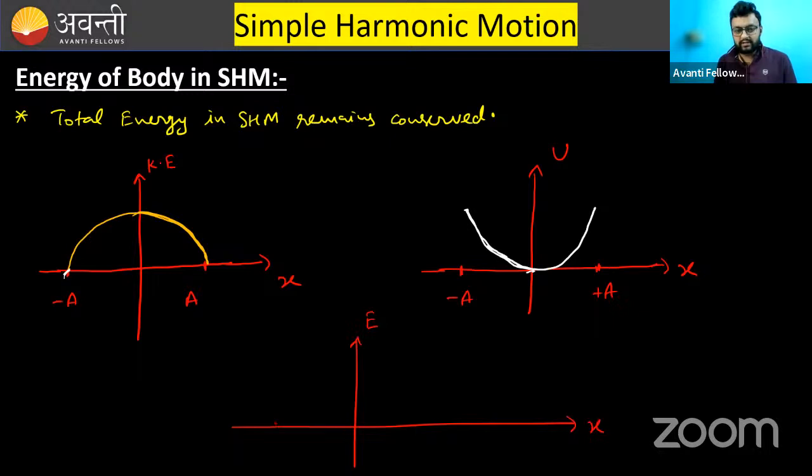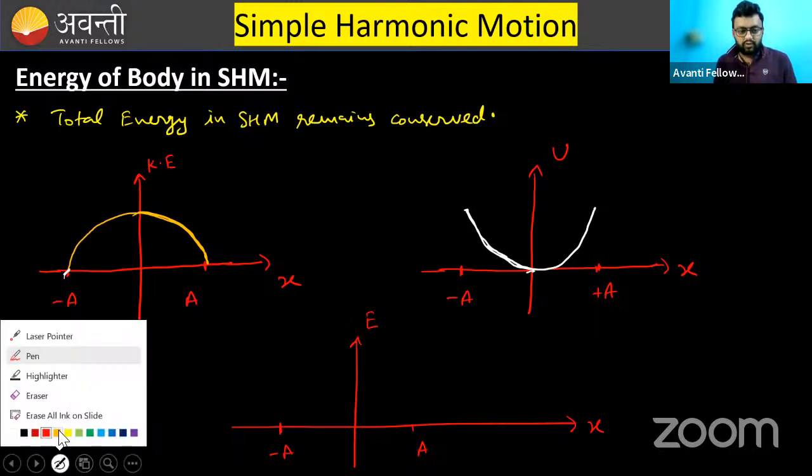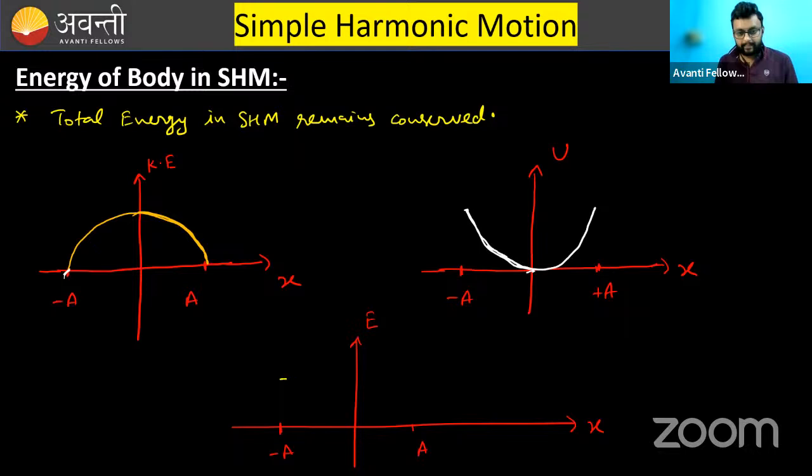This is again position X, minus A and plus A. The combination of these two is a constant. And this constant value is half m omega square A square. Is it clear? So these were the curves of potential energy and kinetic energy.